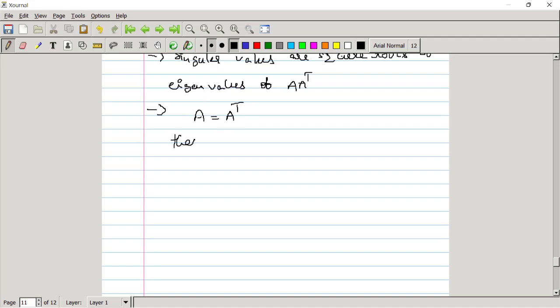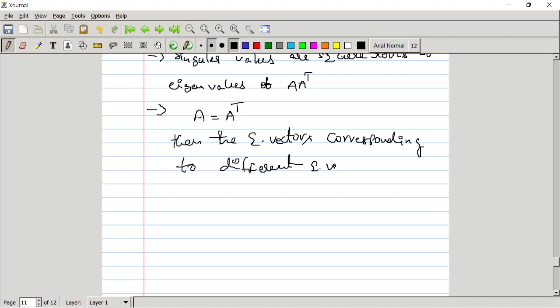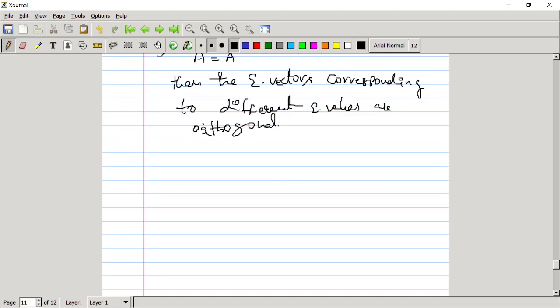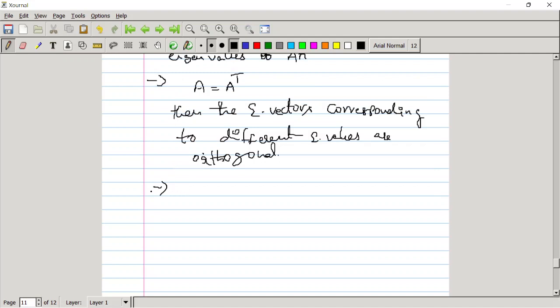Then the eigenvectors corresponding to different eigenvalues are orthogonal. The person was asking whether the eigenvectors corresponding to the same eigenvalue are orthogonal or not. It need not be orthogonal.